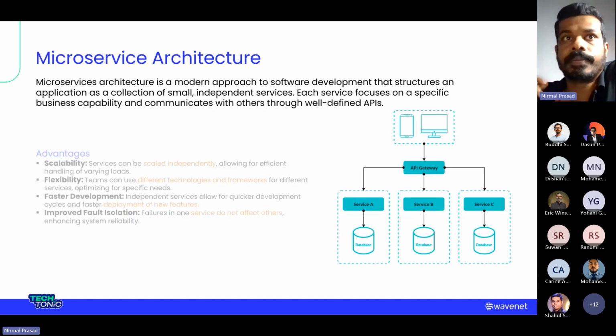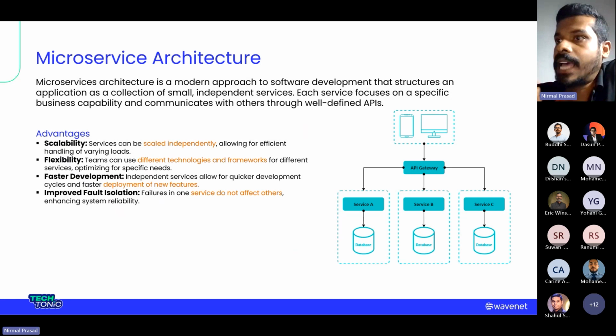This kind of architecture has more scalability and flexibility. In microservice architecture, you can use different technology stacks, different frameworks. In service A, you can use Java, in service B you can use Node, and in service C any other language or platform. The database is the same: based on your requirement, you can use different databases.